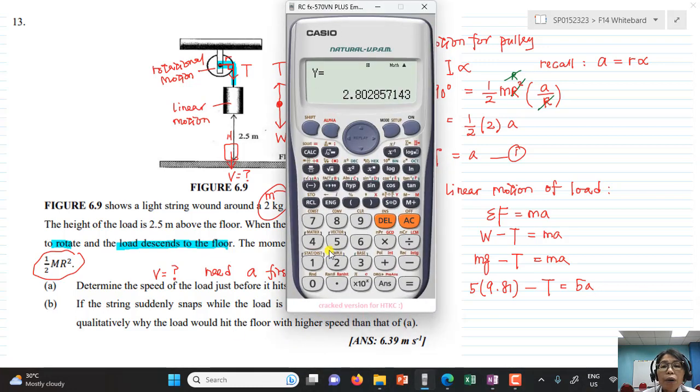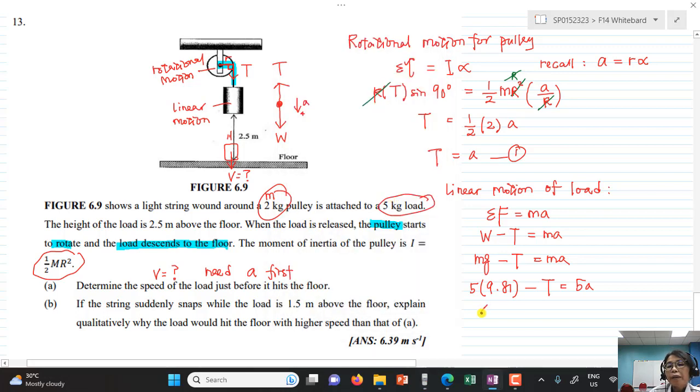Let me calculate, 5 times 9.81 is around 49.05. 49.05 will be 5A plus T. So this is my second equation.